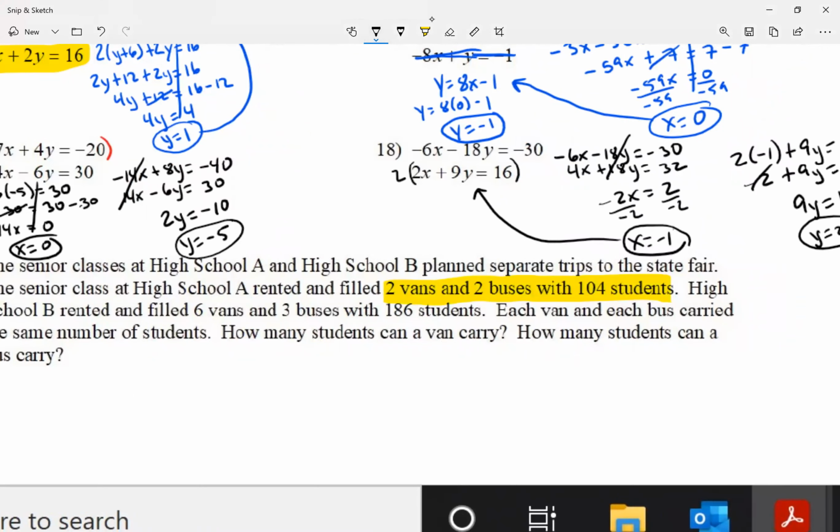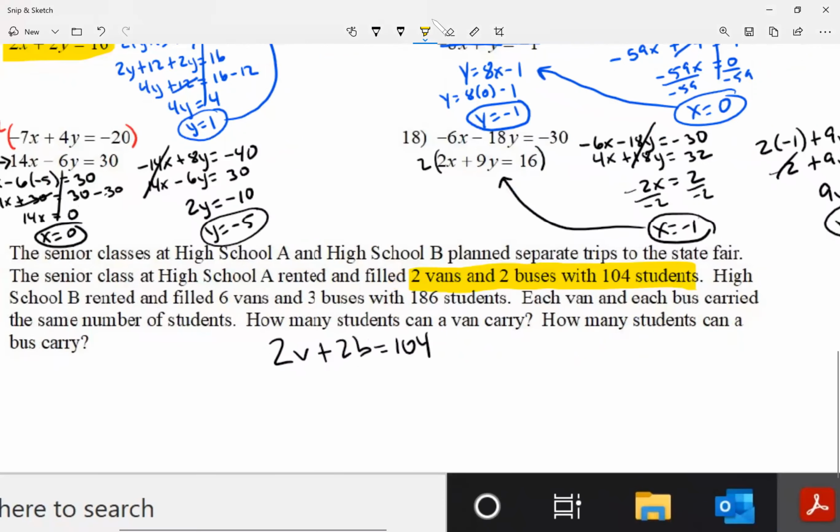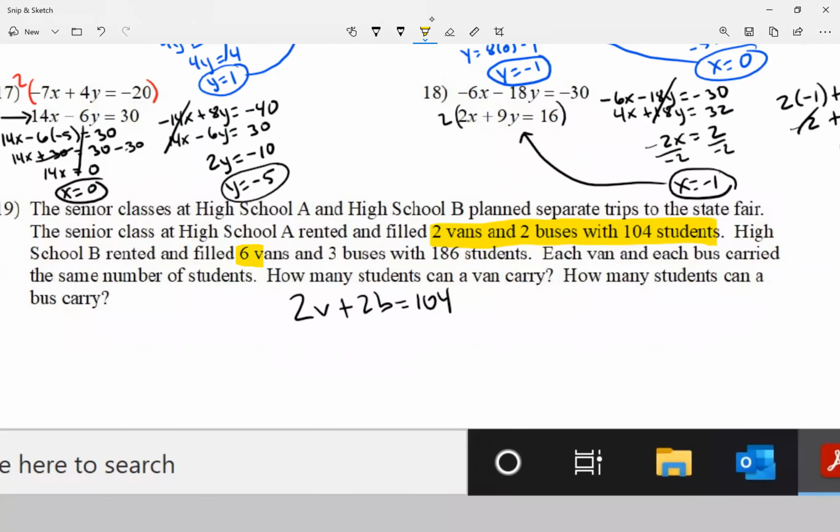So let me rewrite this as 2V for 2 vans plus 2 buses is equal to 104 students. High school B rented and filled 6 vans, 3 buses, 186 students. So let me rewrite this as 6V plus 3B equals 186.